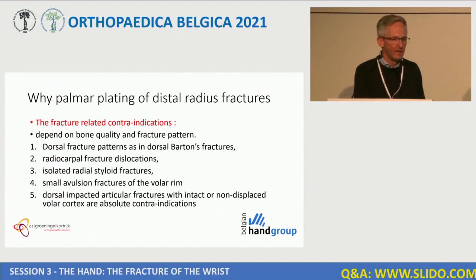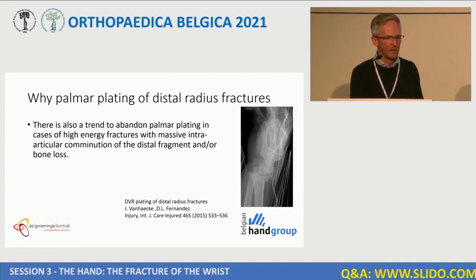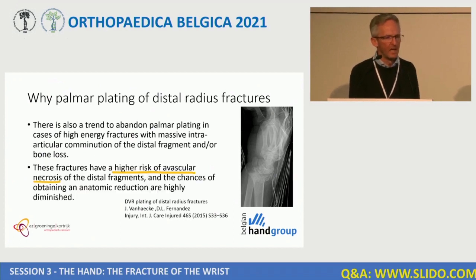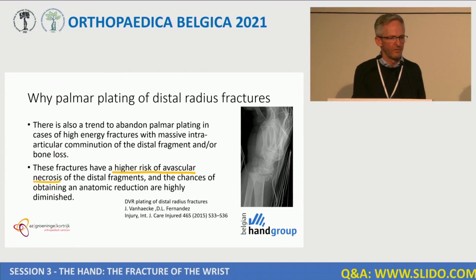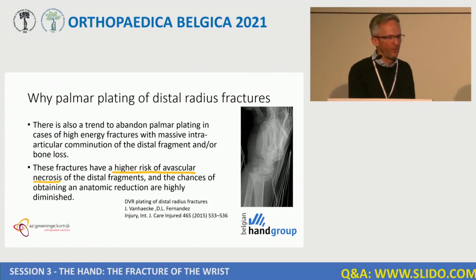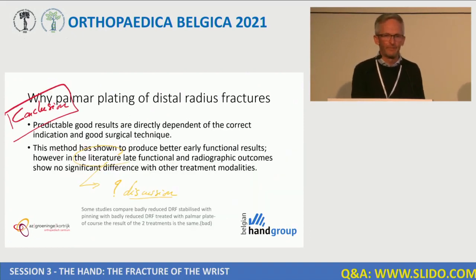So these are 5 contraindications, and like also this one, there's a trend to abandon palmar plating. I've done such a fracture with the palmar plate, but you have to be aware because these fractures have a higher risk of avascular necrosis of the distal fragment, and seldom do you get a perfect anatomical reduction. So here you have to think bridging plate, external fixation.